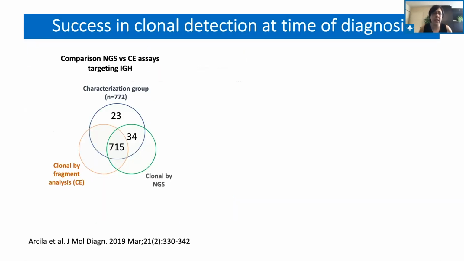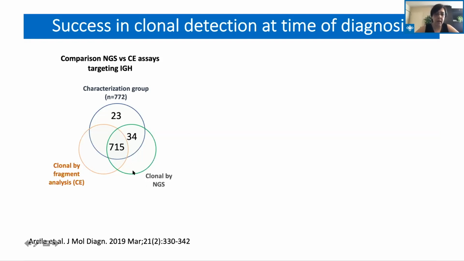So what is the success of clonal detection at the time of diagnosis if you use 5% as your cutoff for tumor content? It's actually very good, and it's very close to what you see with fragment analysis. The comparison between fragment analysis and NGS is very close.